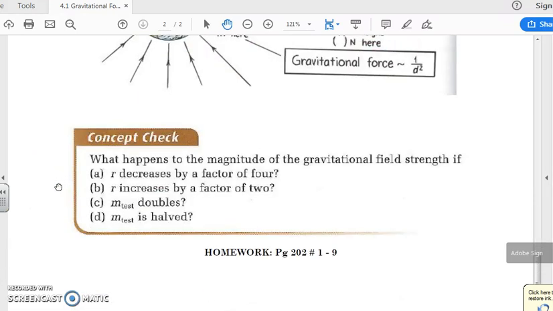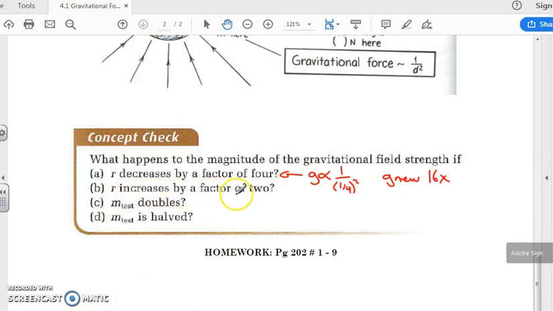So, just to finish off here, what if the radius were to decrease by a factor of 4? Well, if we say that g is proportional to 1 over r squared, that r squared is now 1/16 of what it was before, which means our new g will be 16 times as strong.